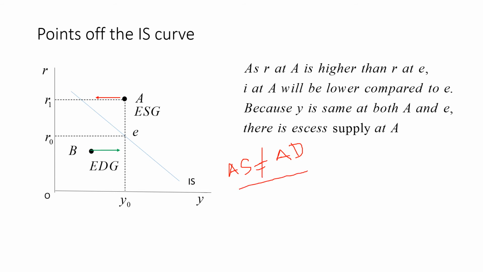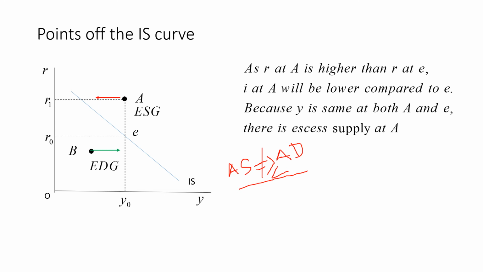Any point which is not on the IS curve means either aggregate supply is greater than aggregate demand, or aggregate demand is greater than aggregate supply. Because if they are equal, they are in equilibrium. That should have been on the curve.